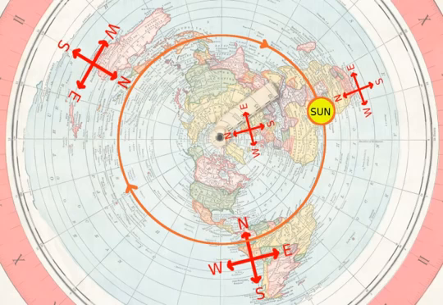So wherever you go on the globe or the flat Earth, your east and west and south is going to change as you move around the globe, with your north pointing to the center, east and west perpendicular to that.